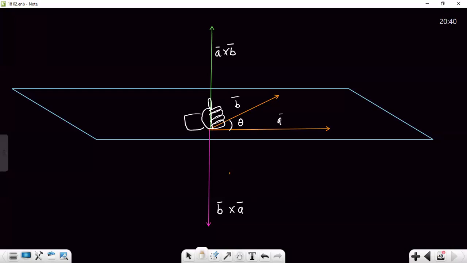A cross B. When we have to go B cross A, our fingers will go the other way, so the thumb of the right hand will naturally point downwards, as this time it is pointing upwards for A cross B. For B cross A, it will be downwards. Any questions?